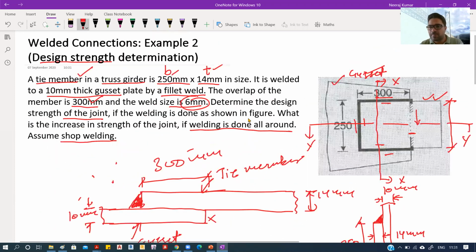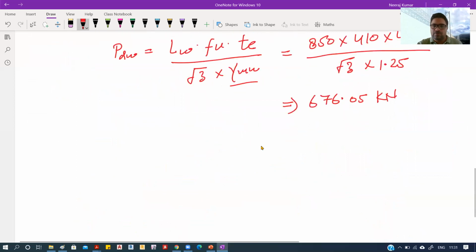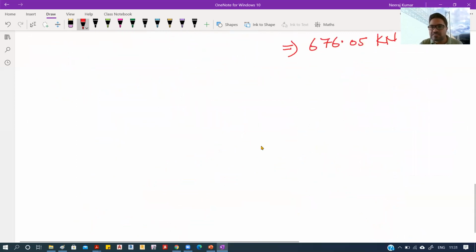So this is the strength of weld if we provide welding on the three sides of the joint. You can see we have provided weld on this side and on this side, and the fourth side we have left as it is. So in this case the strength of weld is 676 kilonewton.